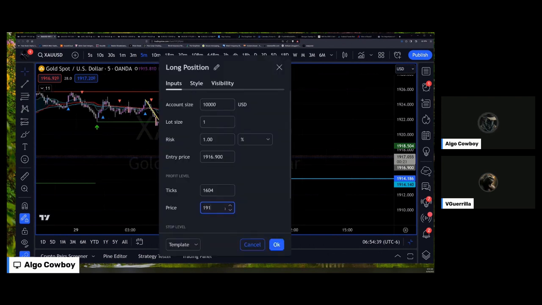We're going to have it at an even 1914. And what was our entry? We said 1916.90. So entry price 1916.90. Good profit? We don't know yet. We're going to determine that now.